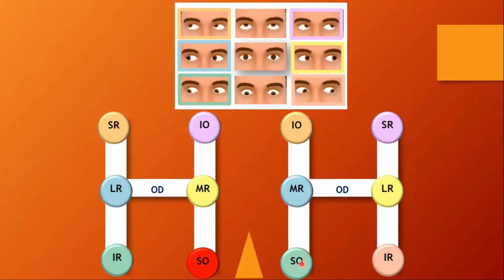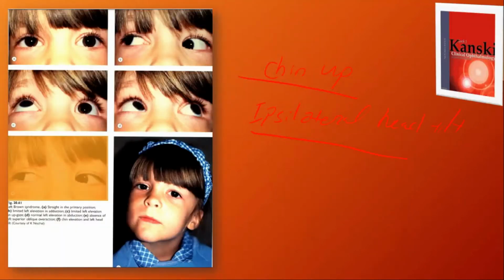So here in Brown's, the net result is defective elevation in adduction, as if it is an inferior oblique palsy. So you will get contralateral face turn. Okay, so chin up because she can't elevate her eye. This is the worst position, up gaze.